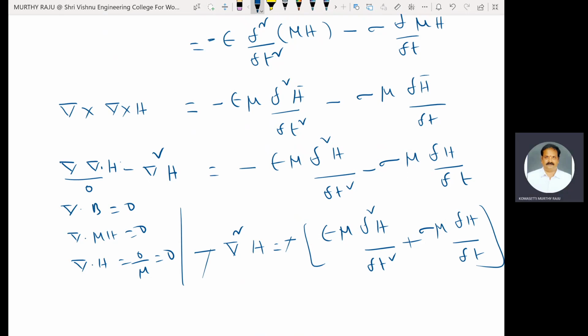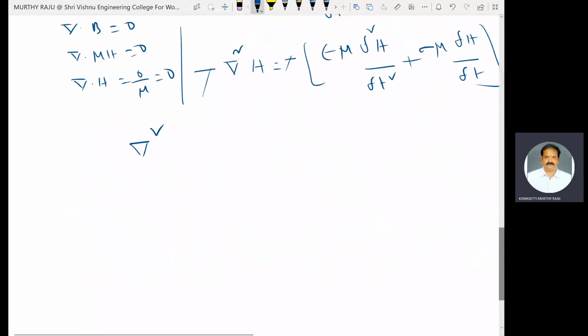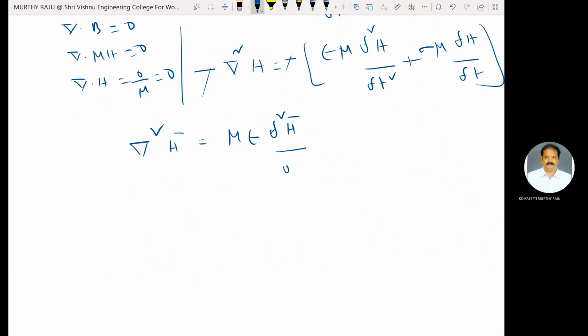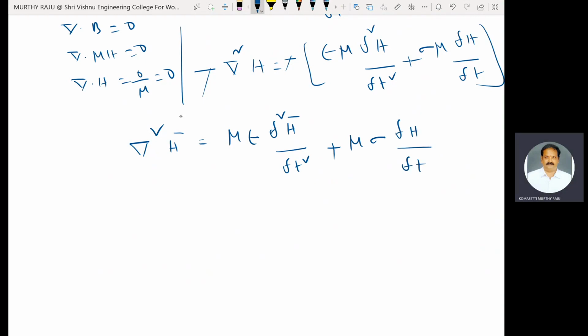Therefore, the wave equation, considering H fields, is del square H bar equal to mu epsilon dou square H bar by dou T square plus mu sigma dou H by dou T. This is equation 1, the wave equation.